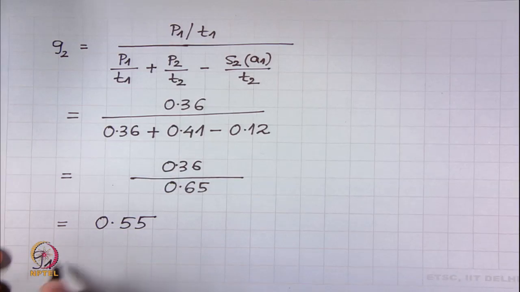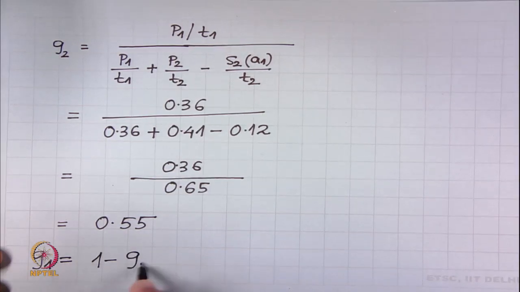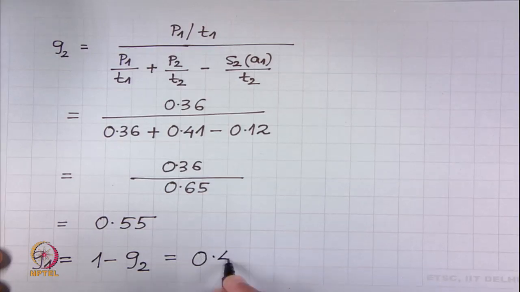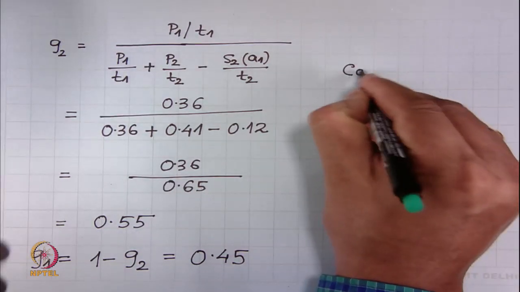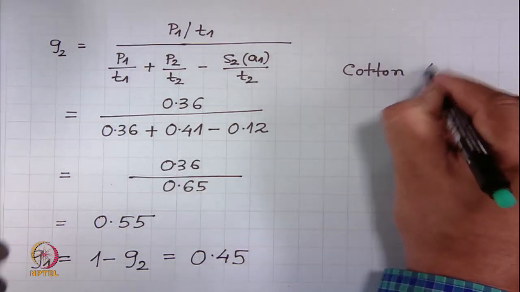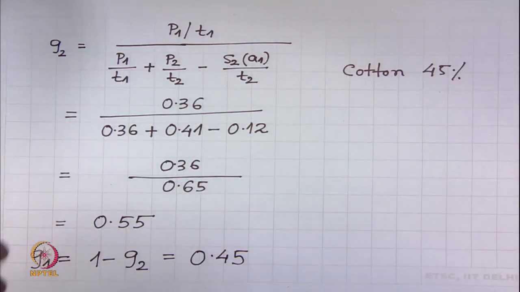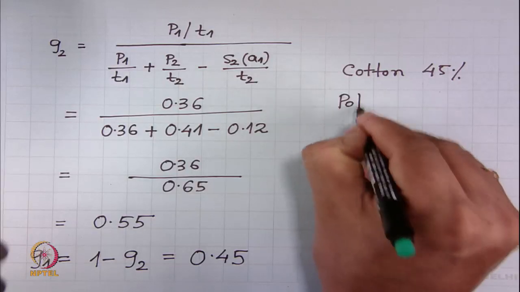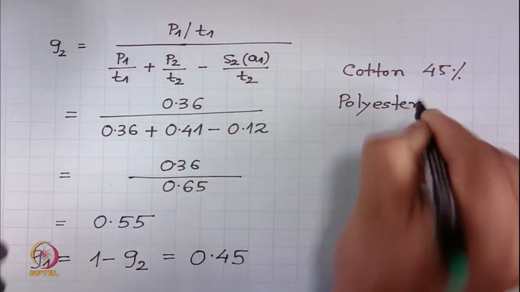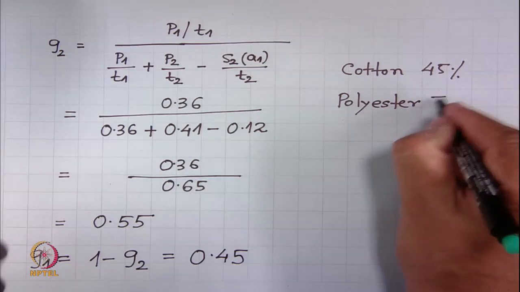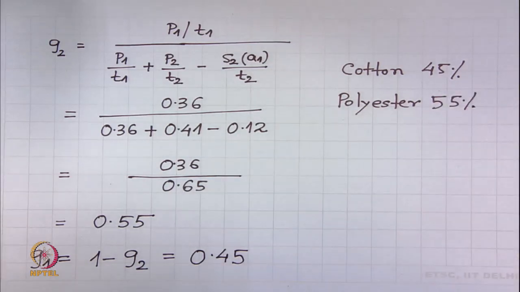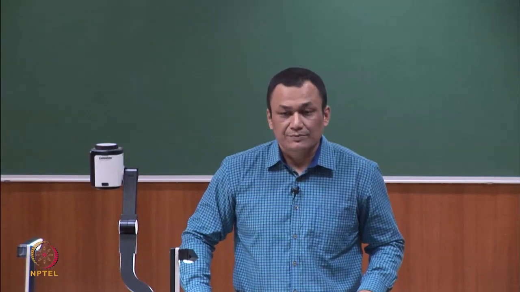So G1 is 1 minus G2, which is 0.45. That means when the cotton fiber mass percentage is 45 and the polyester mass percentage is 55, the resulting bundle gives the minimum strength. So, this was the first part of the problem.